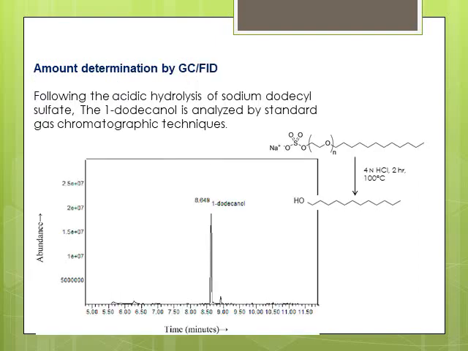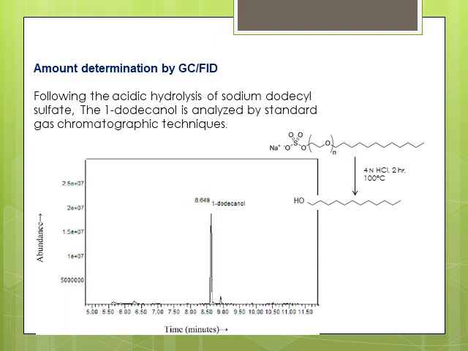The next technique is the GC method, and in this method you will only be able to get the amount of SLES. There would be no grade determination. In this technique you will do acid hydrolysis of the entire finished product, and you will break off the dodecanol.